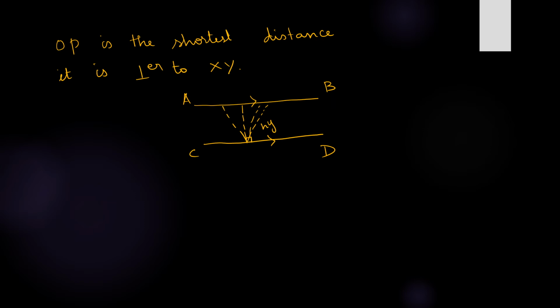So the distance between the two points O and P is the shortest distance. As this is the shortest distance, it should be perpendicular to XY. Is it clear? If you take any two points, the shortest distance between them is the perpendicular distance.